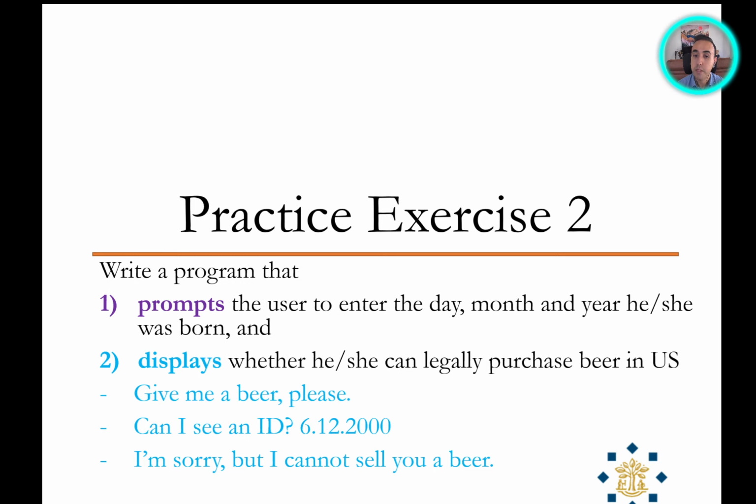And that's when the bartender says, I'm sorry, but I cannot sell you a beer. So you're getting three inputs, month, day, and year. And then you're checking whether legally purchase a beer in the United States, that's the age 21. So you basically calculate from today's date. You sort of count the 21 years old, and then check whether the ID says 21 or above or below.